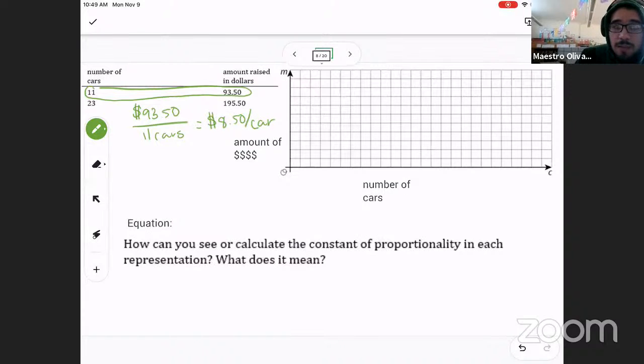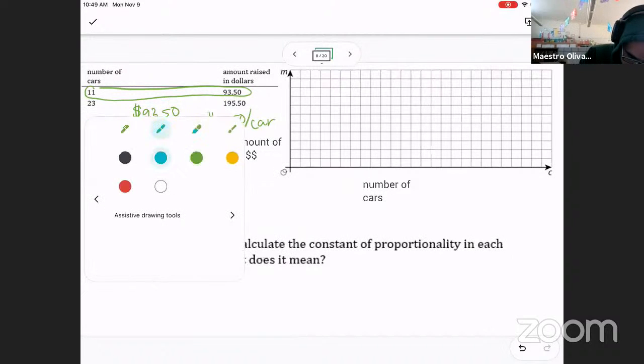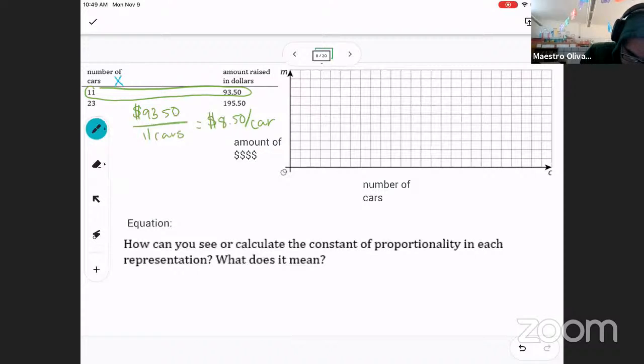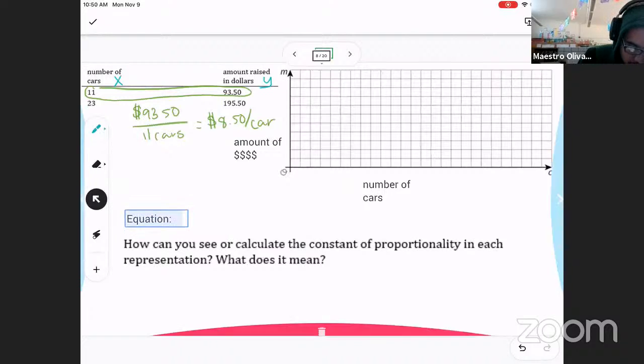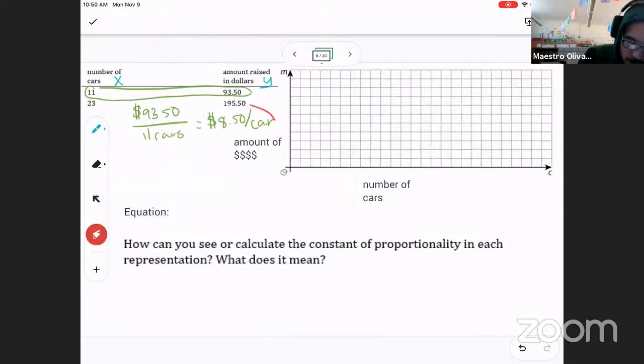So all you did was divide the Y value by the X value. This is technically your X and this is your Y. So this is our unit rate or our slope.